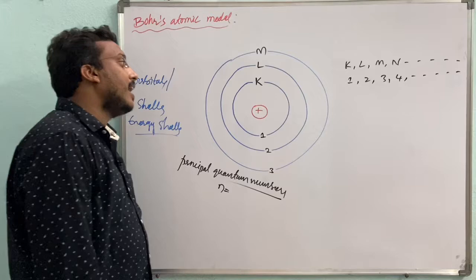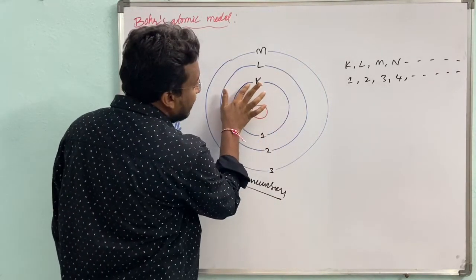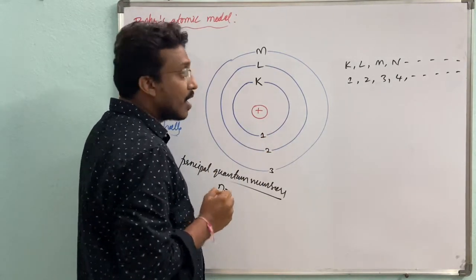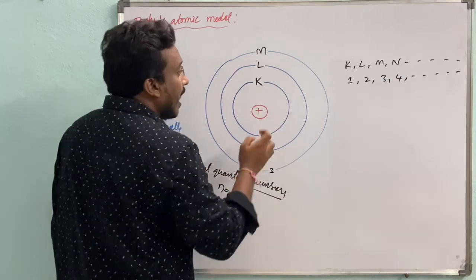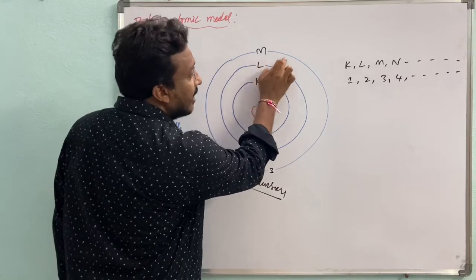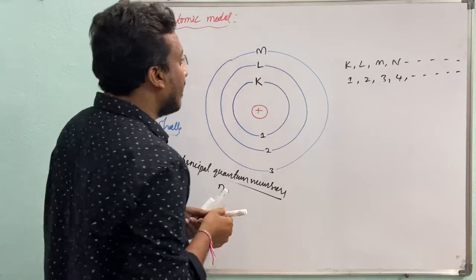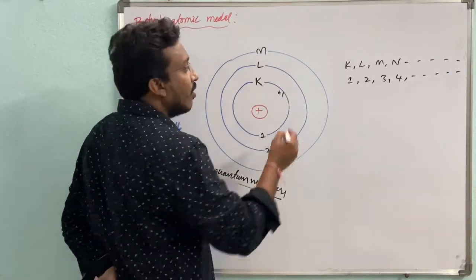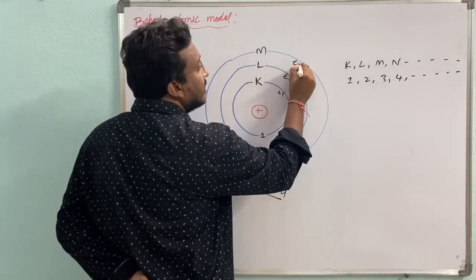He said that the energy of the K shell is very low compared to the L shell, and the L shell's energy is less than the M shell. Let the K shell's energy be E1, the L shell's energy E2, and the M shell's energy E3.